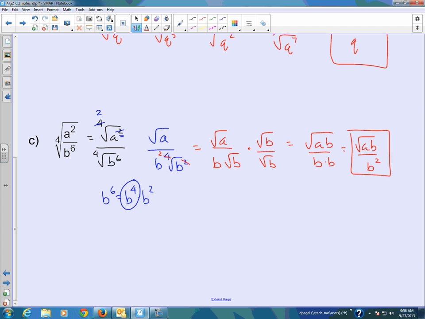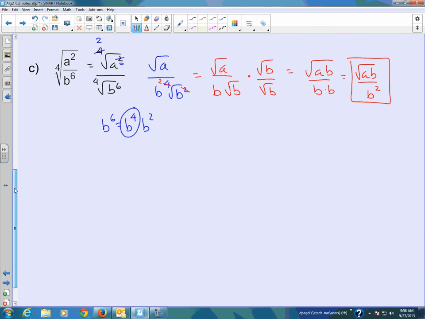All right, now let's go back and look at this. How are we able to take these roots and powers and reduce them the way we were? Let's take a look at the fourth root of a squared. And here's where some of you might prefer to write things in exponential form to see this. So if I change this into exponential form, this becomes a to the 2/4 power.